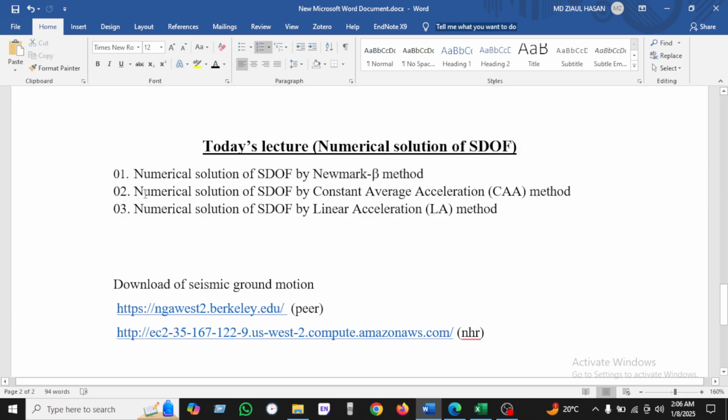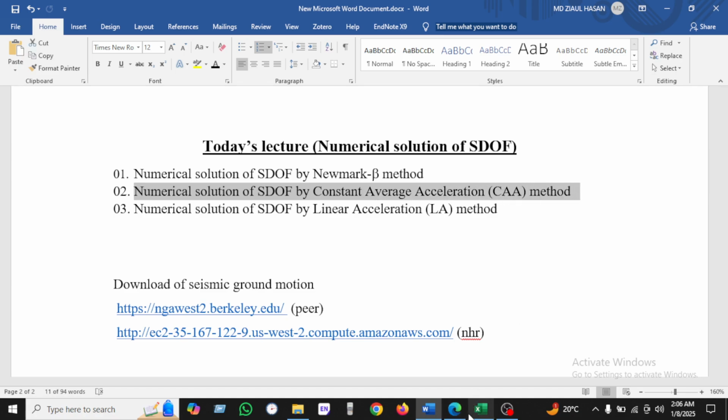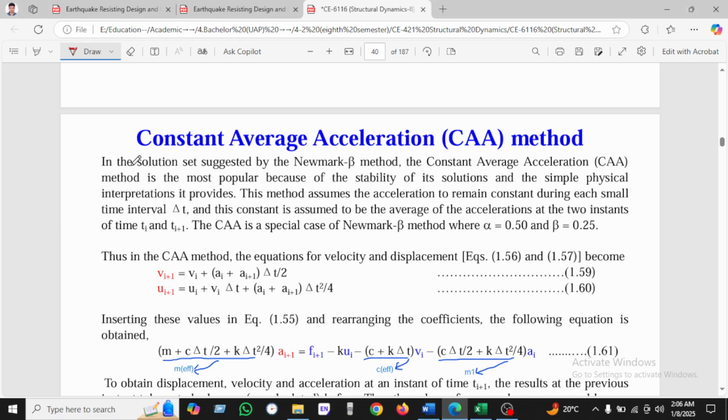Now we see the numerical solution of a single degree of freedom by the constant average acceleration method, which is CAA. Let's see the solution suggested by the Newmark-Beta method. The CAA method is the most popular because of the suitability of the solution and its simple physical interpretation.